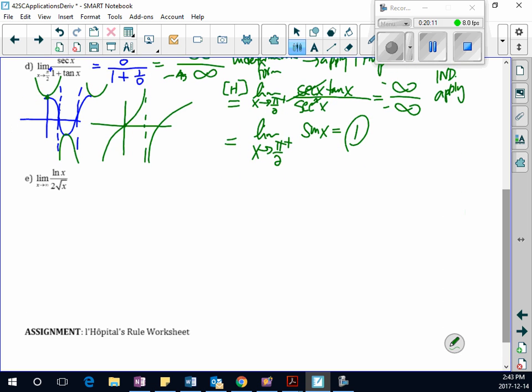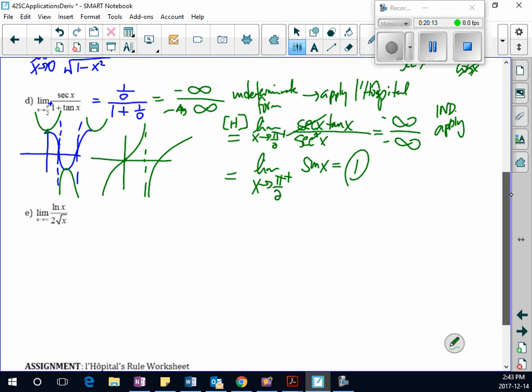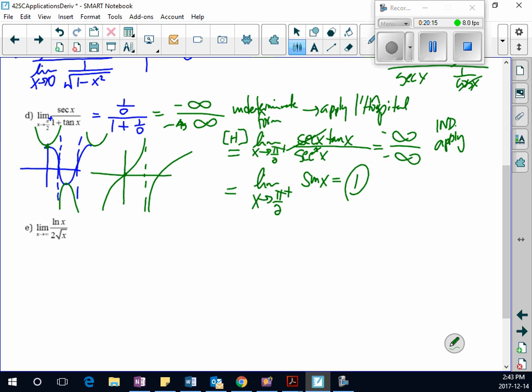Now we need to remember what the logarithm graph looks like. That's a logarithm graph, right? So when x goes to infinity, that would be the far right. What would ln of that be? It would be infinity.